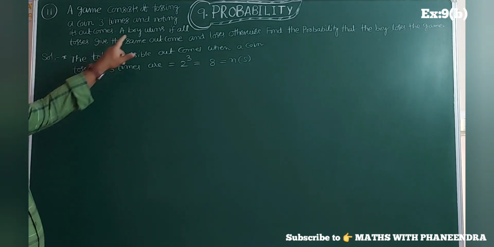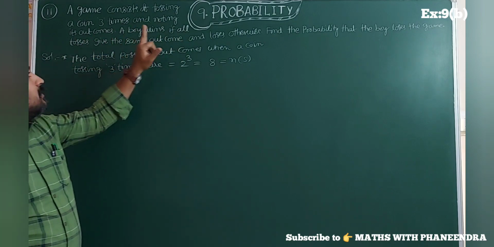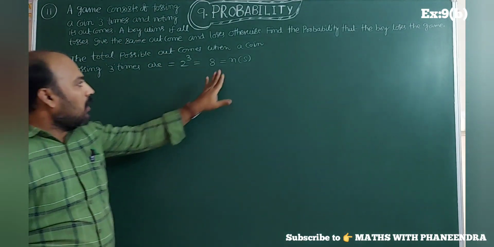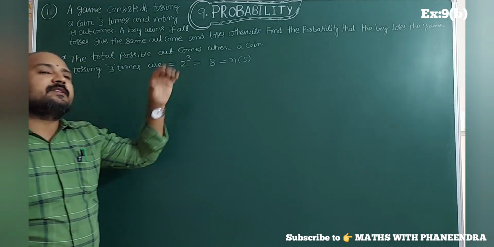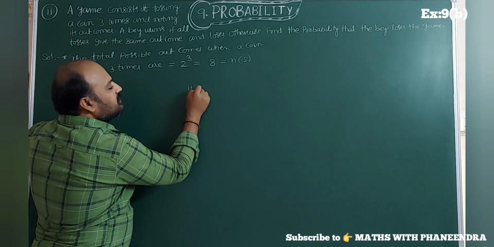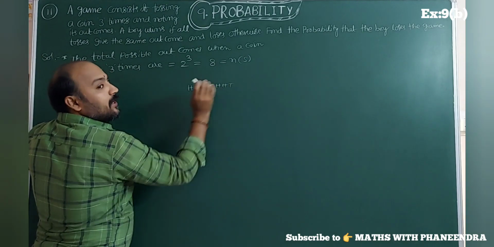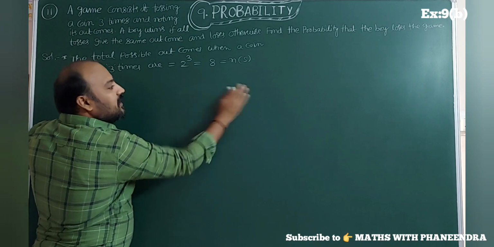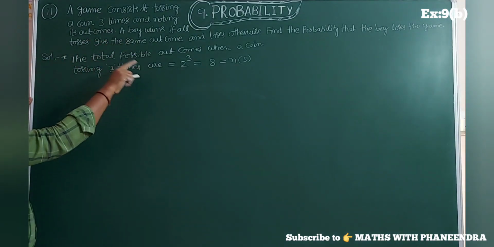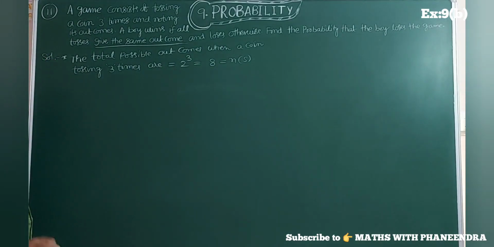Next, a boy wins if all the tosses give the same outcome. So among the 8, what are the same outcomes we are getting? The possibilities are like HTH, HHH, HHT, like this it will come, 8 of them. Among these, giving the same outcome means 3 heads or 3 tails.